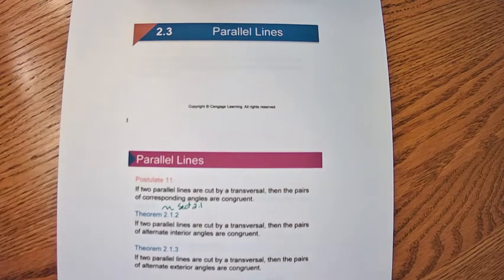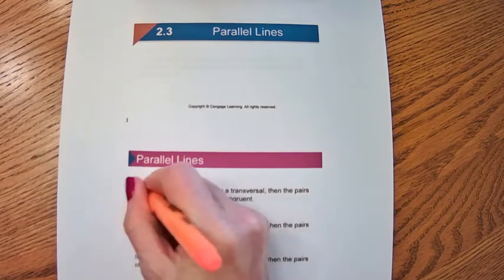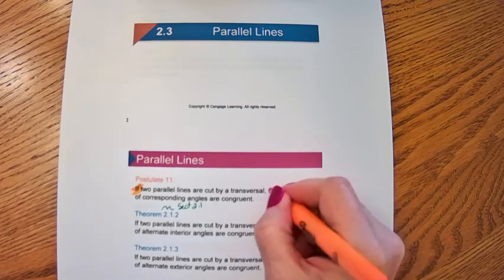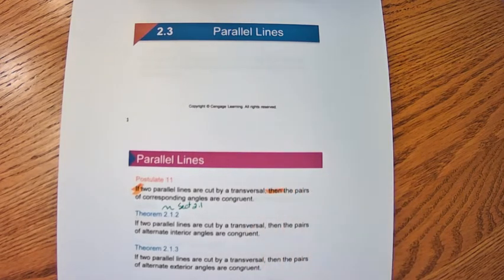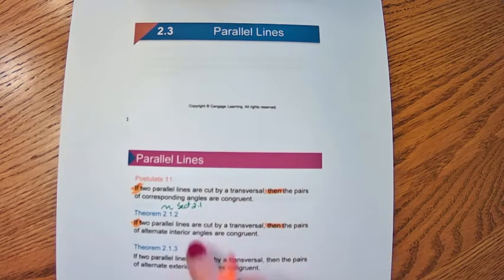But what I want to point out to you is these theorems state if two parallel lines are cut by a transversal, then the corresponding angles are congruent. We know that. If two parallel lines are cut by a transversal, then the alternate interior angles are congruent.